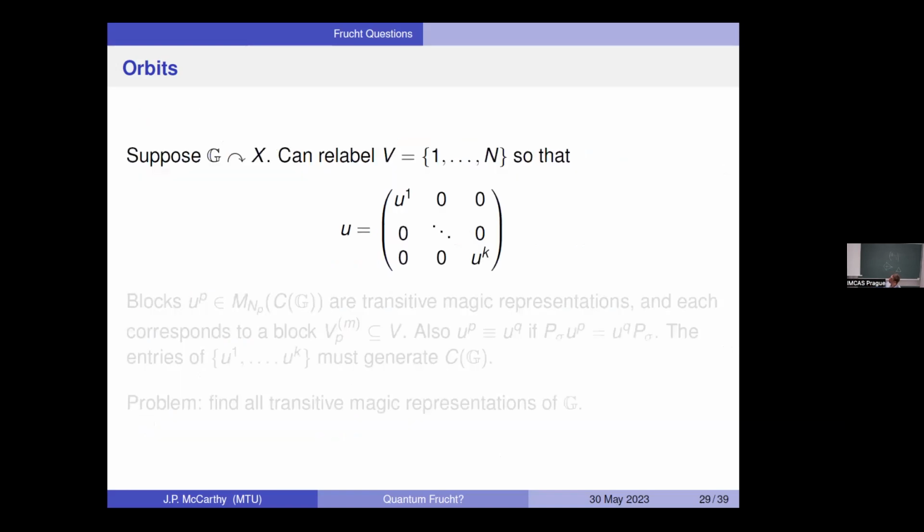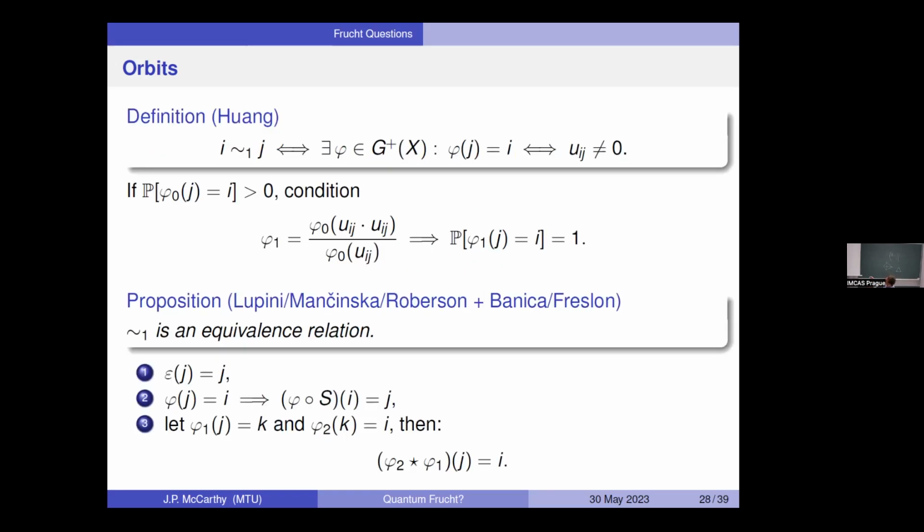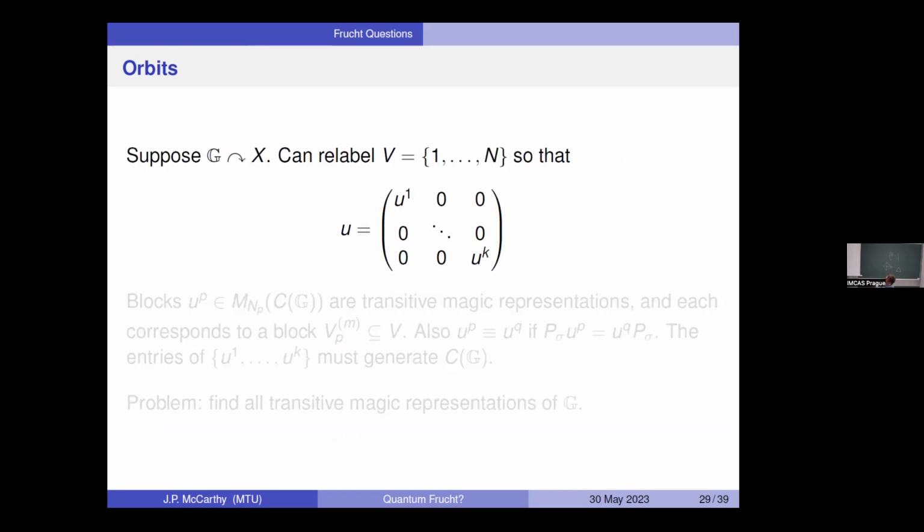Yeah. So what this means is that if you have a group acting on a graph, you can relabel the vertices. Now I need to forget about my states probably and go back here. So it means that you have these non-zero Uijs, and what you can do is just bunch them together into their equivalence classes. Say maybe the first equivalence class is 1 to 3, and then you'll get up here a 3 by 3.